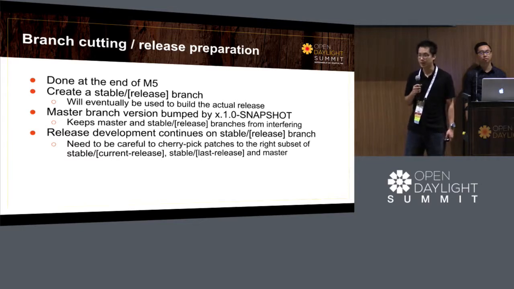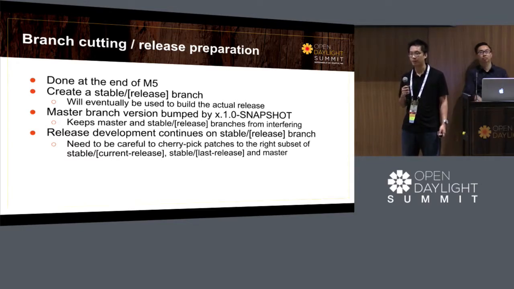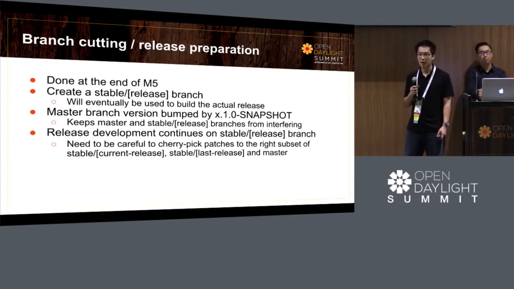Another thing we do is, as the release approaches, at the end of what we call milestone 5, and just before we start producing our release candidates, we branch stable release branches, which essentially at that point, the only code that should go into the stable release branches are bug fixes and whatever is like the wrap-up kind of code to get our final release going out.